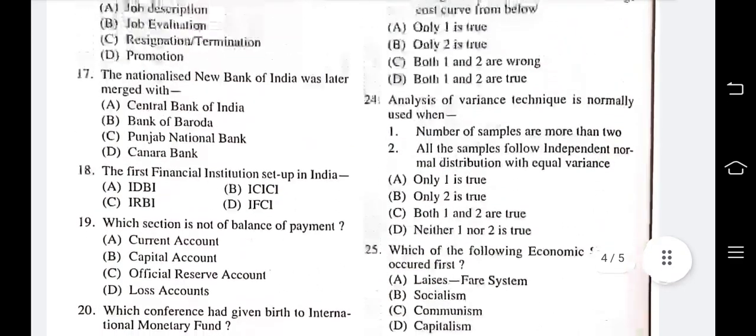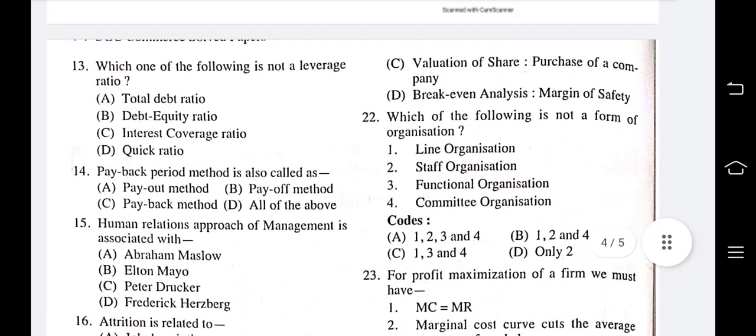Okay. Next question 22. Which of the following is not a form of organization? Here options are line organization, staff organization, functional organization, committee organization. Here codes are also available.